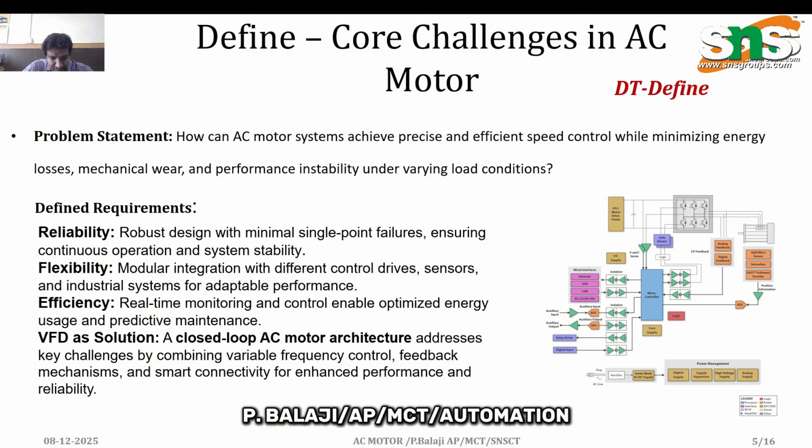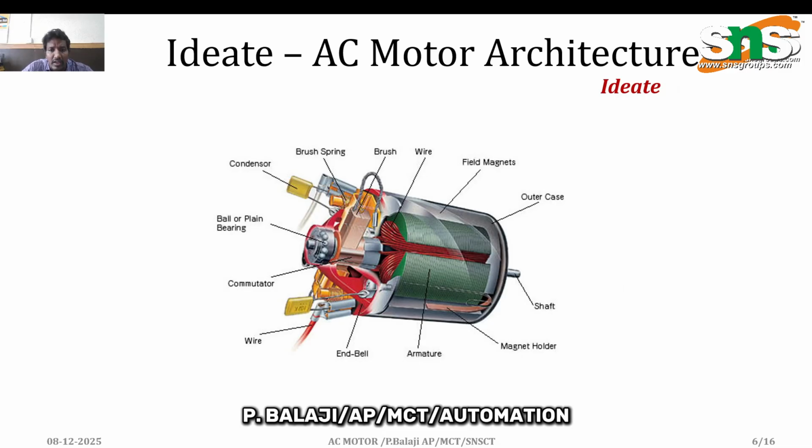In ideate, we have one more topic, the AC motor architecture. In the AC motor architecture, the stator creates the rotating magnetic field, and the rotor interacts with the field and rotates. The shaft transmits the motion to the mechanical load, and the enclosure and bearings provide support and protection for smooth operation.